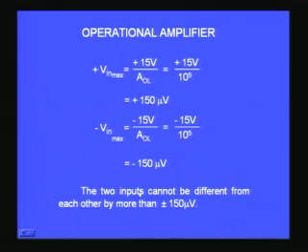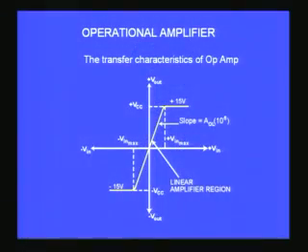So at any time when an amplifier is constructed using op amp, the two inputs cannot be differing from each other by more than plus or minus 150 microvolt. 150 microvolt is such a very small value that in principle you can use it as a thumb rule that in any amplifier using op amps, the two inputs should be almost at the same voltage level. So this is a very important concept which will help us to understand many of the things.